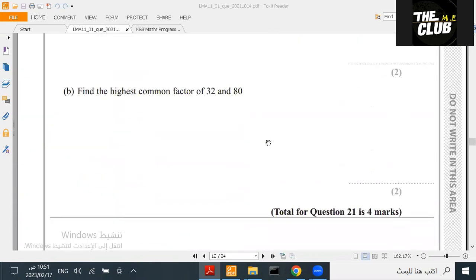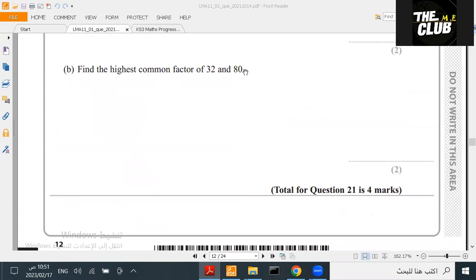In question B, find the highest common factor between 32 and 80. We take the 32 and work it out, and you can find it with the factors, whatever you like. You can say 32, what are the factors? It is 1 times 32, 2 times 16. 3 can't be done. 4 times 8.